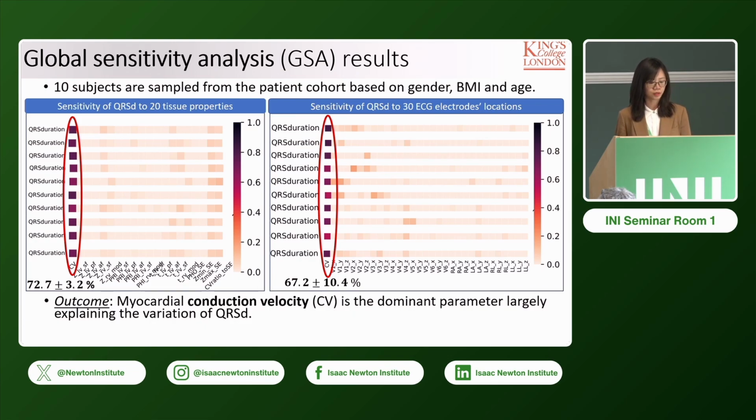We then took this conduction velocity and added the other 30 Purkinje location parameters, and we still found the conduction velocity effect is quite dominating.